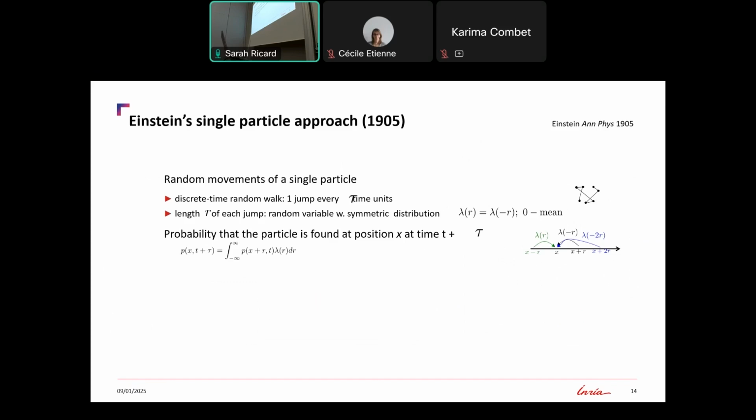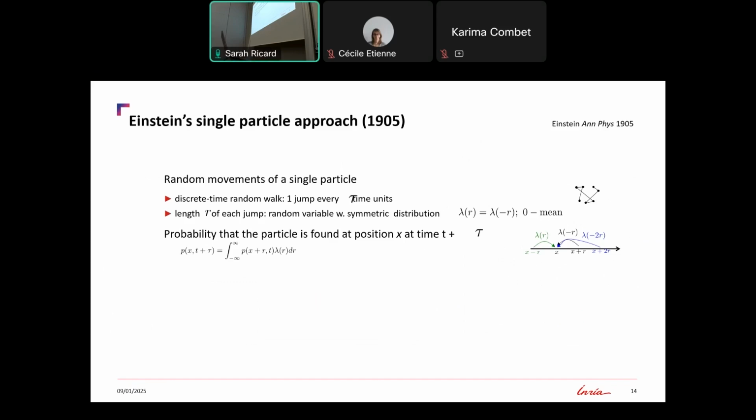So if you sum all that, and you go to the continuum limit, what you get is an integral. So your probability is the integral over all the possible jumps r, of the probability that your molecule was at x plus r at time t, and it jumped a distance r between both. That's very simple.